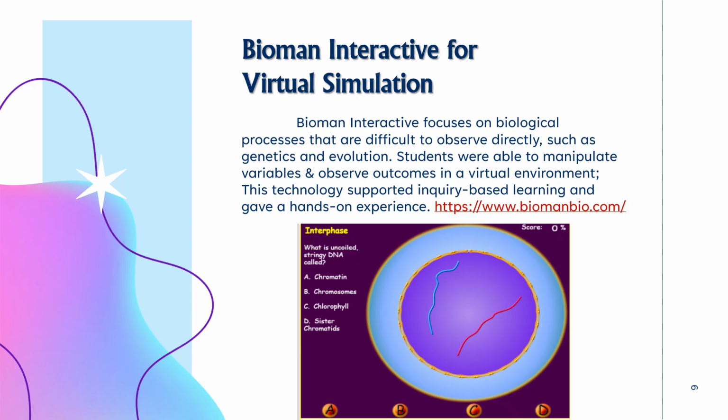I chose this tool because it allows students to manipulate variables and see outcomes in real time. My objective was to support inquiry-based learning and help students better visualize abstract concepts. This worked as intended because students were more engaged and demonstrated stronger understanding during class discussions and follow-up activities.